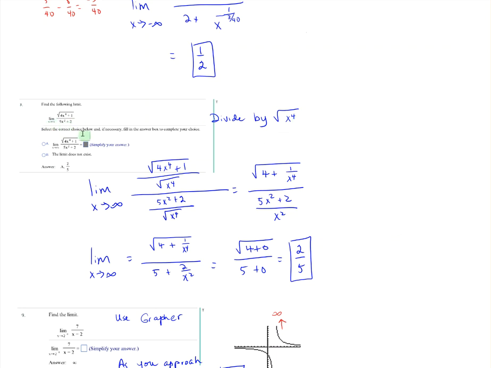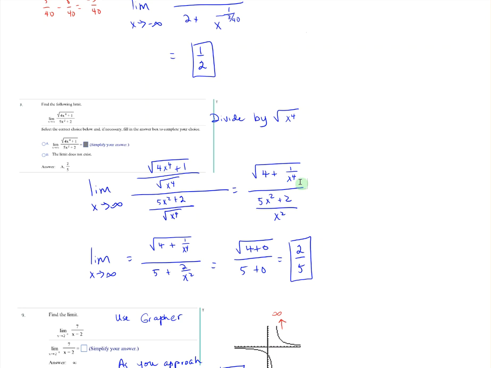So if I say I'm going to divide by the square root of x to the 4th, that's going to help me with this one as well. So I divide everything by the square root of x to the 4th, this whole radical and this whole radical. When I do, this just becomes 4 plus 1 over x to the 4th.